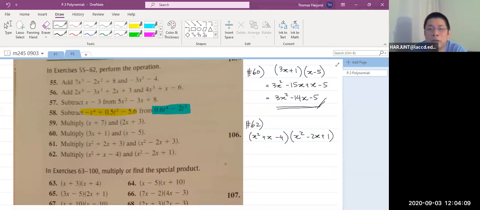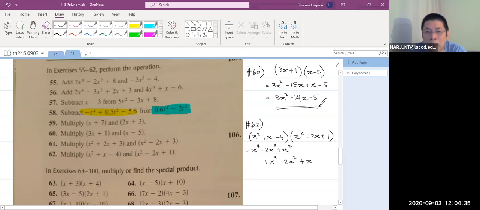Still working on that. Okay, but I will start working on this: x to the fourth minus 2x cubed plus x squared, plus x cubed minus 2x squared plus x, minus 4x squared plus 8x plus 1.